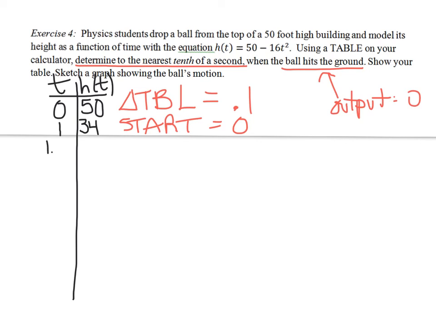I'm going to keep going by 0.1, so 1.1, 1.2, 1.3, 1.4. And I'm going to keep going until I see that the ball has hit the ground and see how long that takes. So at 1.1, the height is 30.64. I know there are other decimals there.